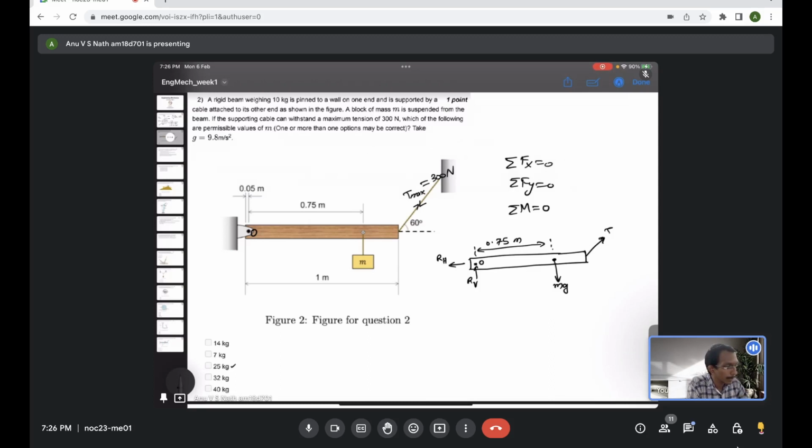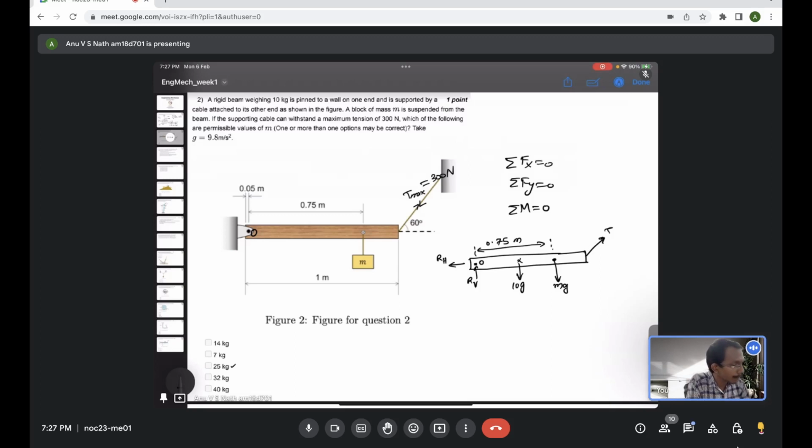One thing that we are missing is the weight of the beam. It's given that 10 kilogram is the mass of the beam. So it should act through the center of mass, right? The center of mass is basically somewhere in the center of the beam, where 10 kilogram is the mass, so 10 times g is the weight which is acting.